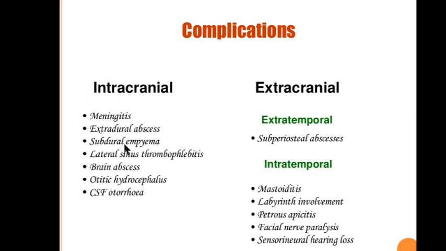So complications are commonly divided into intracranial and extracranial parts. Try to picturize this and you will never forget the names of the complications. You don't need to memorize it. You just try to localize which portion is in which part.